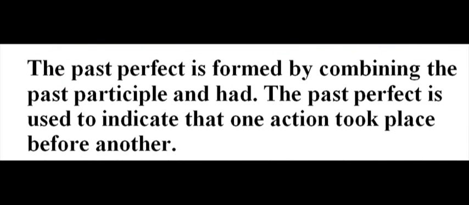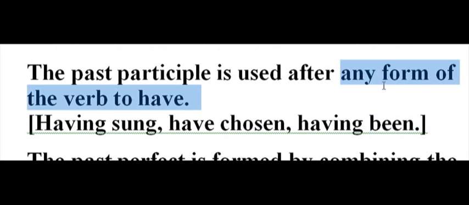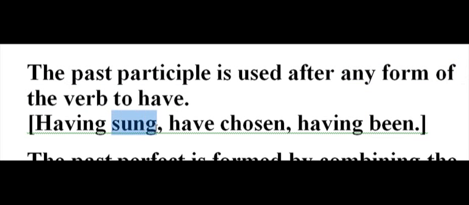What about the past perfect? The past perfect is formed by combining the past participle and the word had. The past perfect is used to indicate that one action took place before another action. So if we look up here, we have any form of the verb to have. The thing that follows is the past participle.